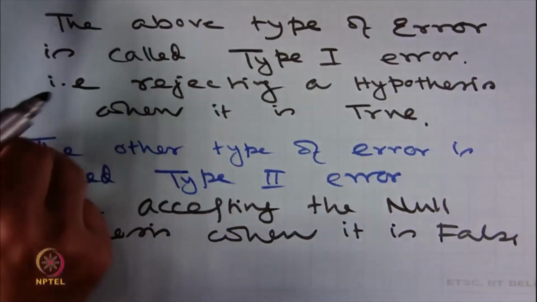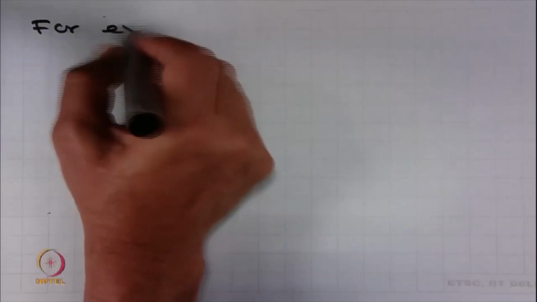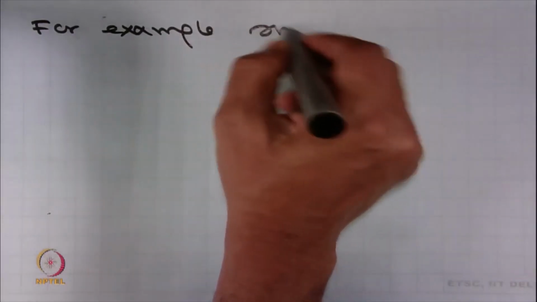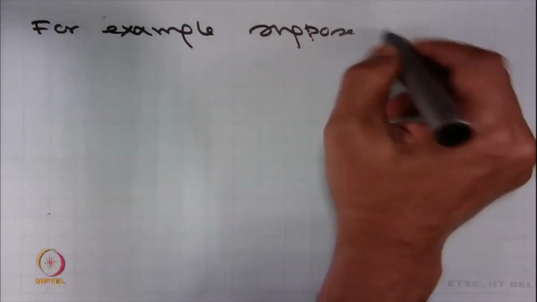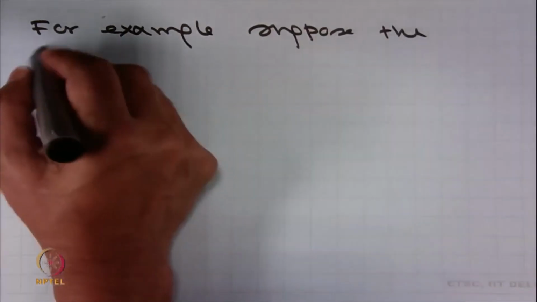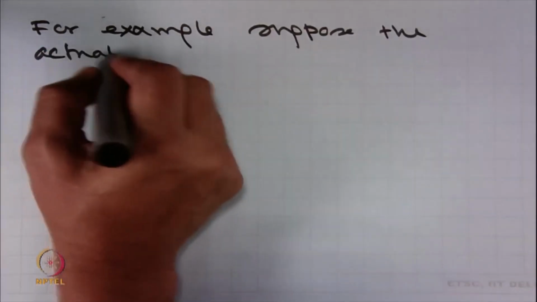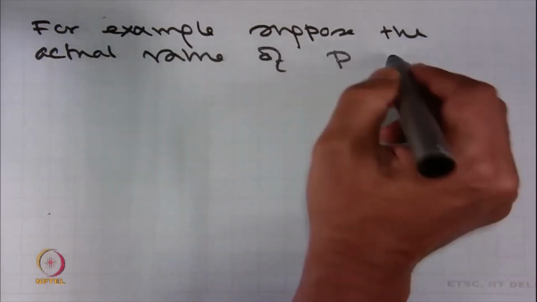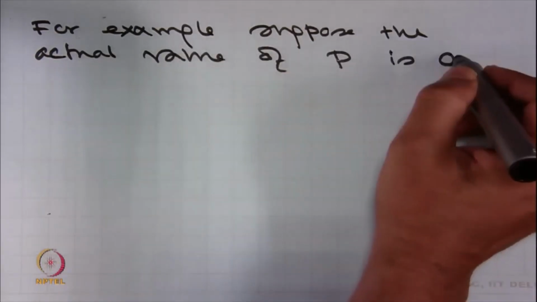For example, suppose the actual value of P is 0.4.